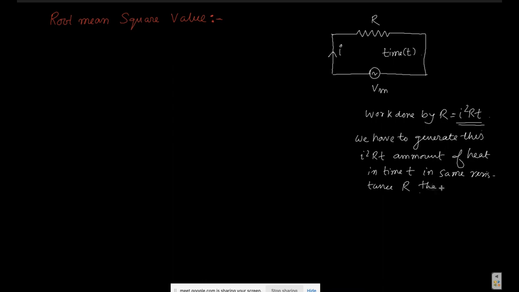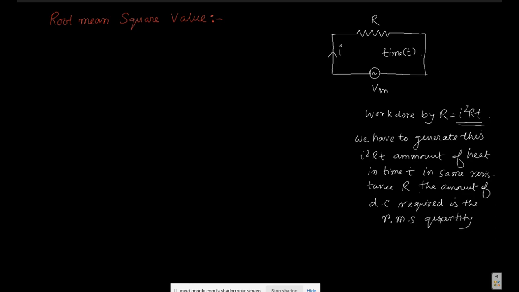The amount of DC required is the RMS quantity.